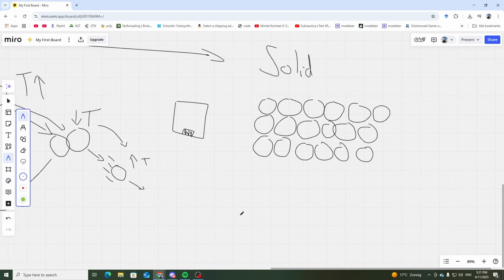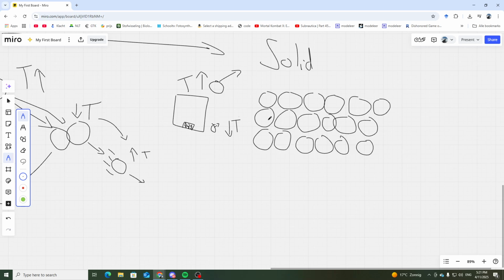But how does it work within solids? We have the same concept: a fast particle has a high temperature if it's moving fast, and if it is moving slowly, it has a low temperature. But here they can't really move. So how we say this kinetic energy within solids is that they vibrate back and forth.